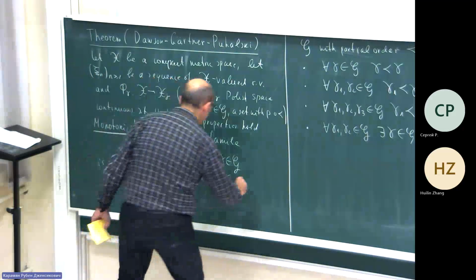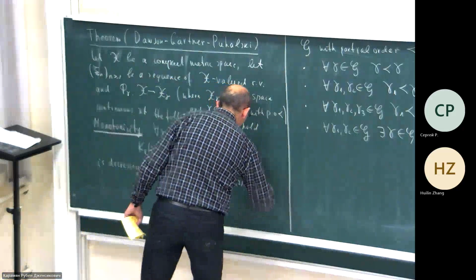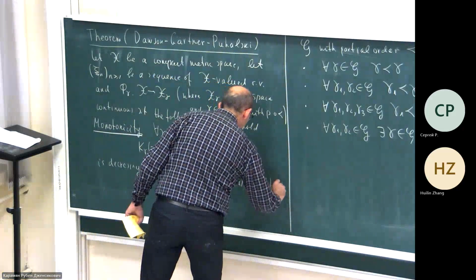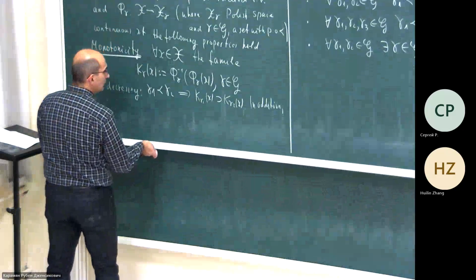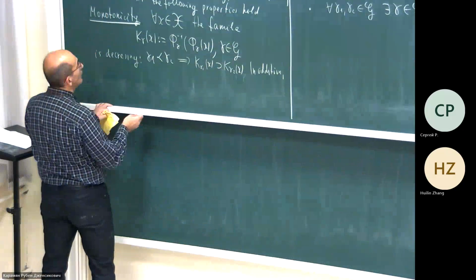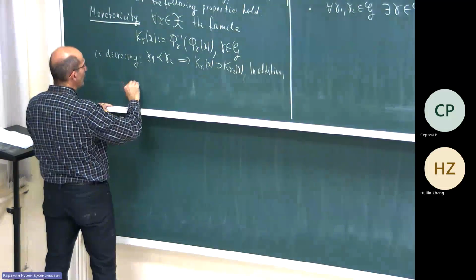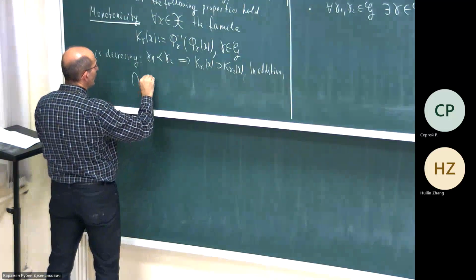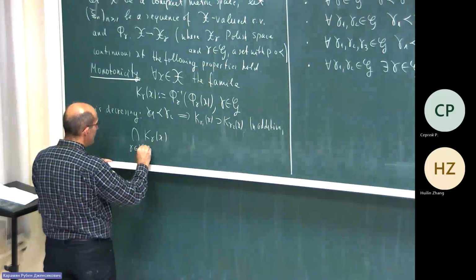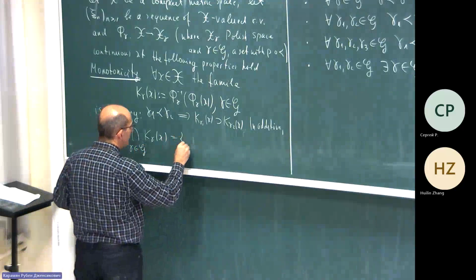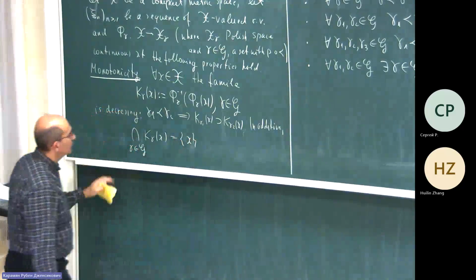In addition, the intersection of K gamma x over gamma in G is the singleton x.